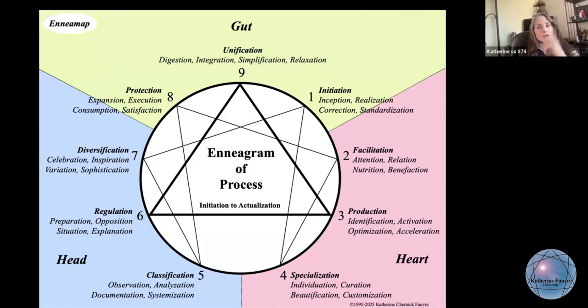And then the 2 is saying, well, that's all fine and good, but if we don't explain to people why they need to be doing it or what it means to them, their relationship to it, and we don't give them the ingredients or what they need to know to care and a reason that it'll help them, then why would they do it?